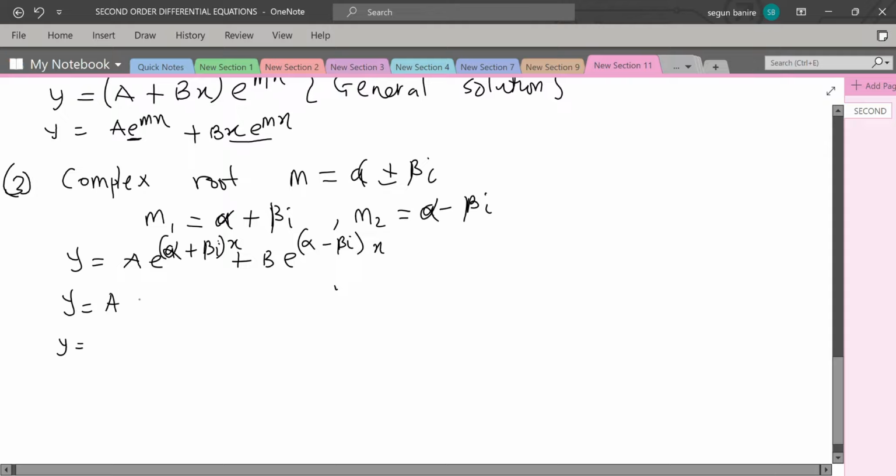So if you open that bracket, you have αx + βxi. The other one will be αx − βxi. If you use the law of indices and split that, you get this.